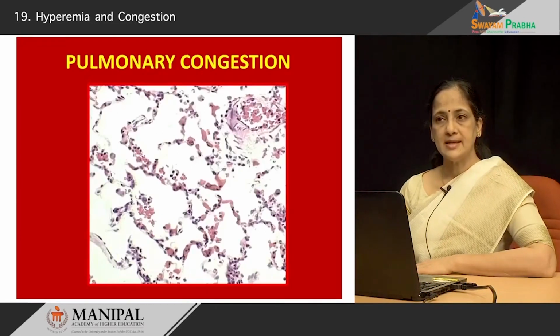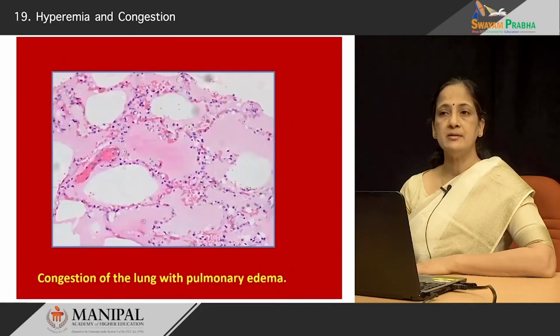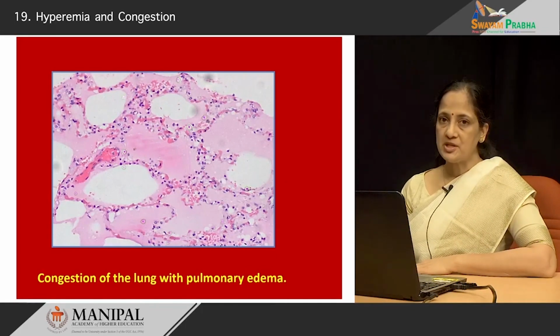Let us see what we see at the microscopic level. So, the first step, when there is chronic venous congestion in the lung, you will see that in the septa the vessels become congested. Because of the buildup of pressure, the hydrostatic pressure increases and fluid escapes into the septa and the alveolar spaces. So, the patient will have pulmonary edema.